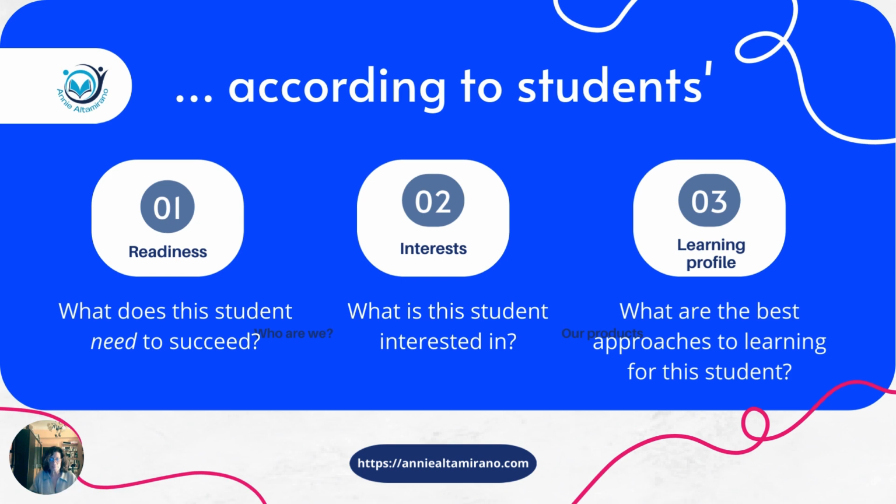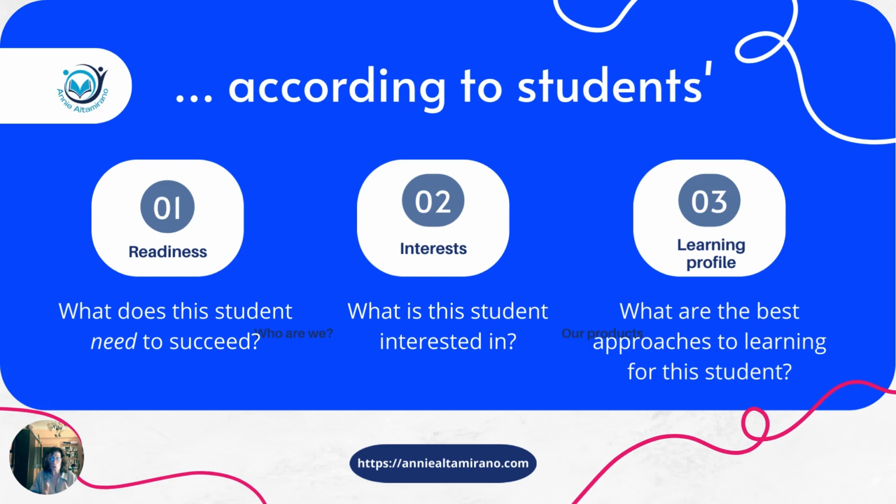So, what is this? Readiness isn't a synonym for capacity to learn. It refers to a student's proximity to specific learning goals. So, planning instruction based on readiness guides us to ask, what does this student need to succeed?